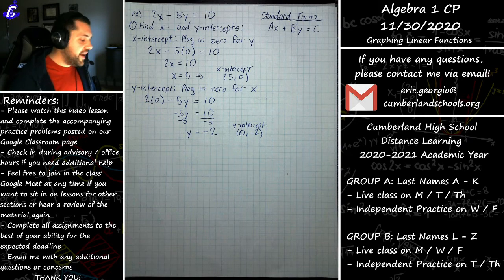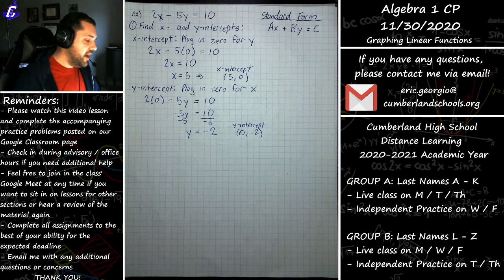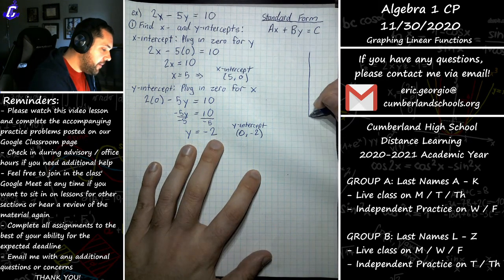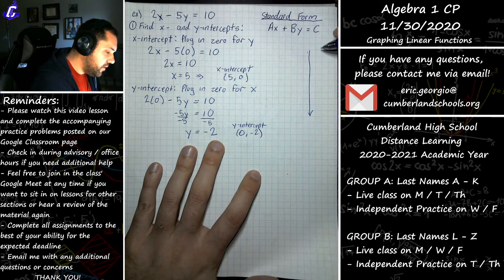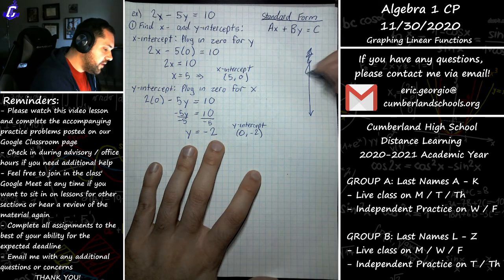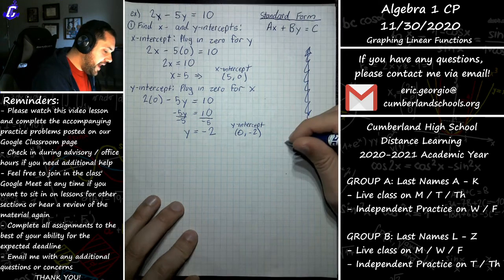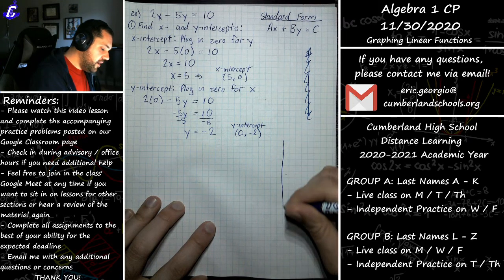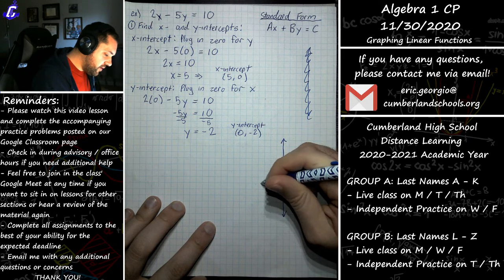So now that I have my X-intercept and my Y-intercept, I can just go ahead and sketch a graph. I'll do exactly that right now. Okay. Oh, I drew my thing too far over. That's all right. Let's draw a nice new graph down here. I tried to account for the fact that it's shifted over like an X-intercept of 5, and I drew my line on the wrong side.